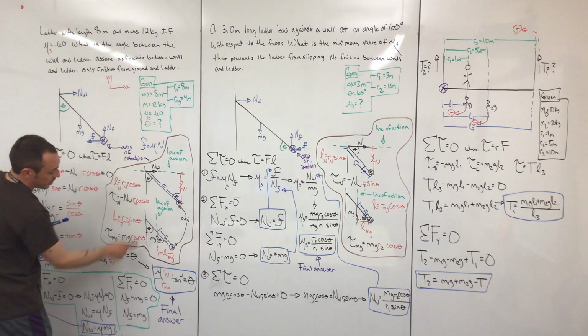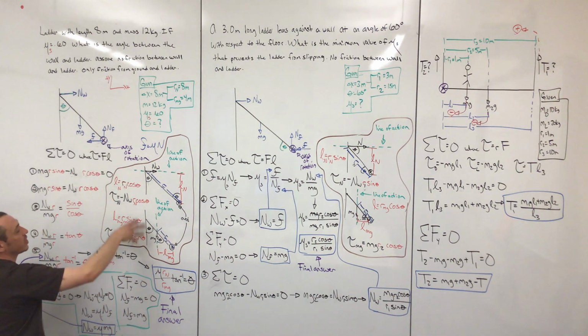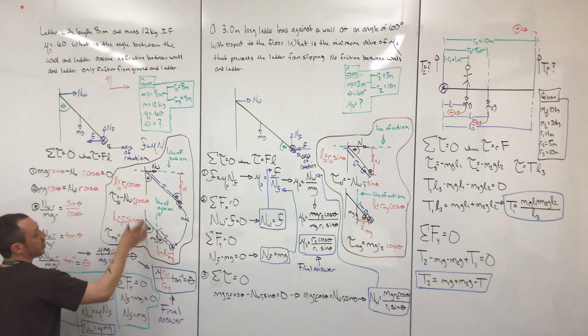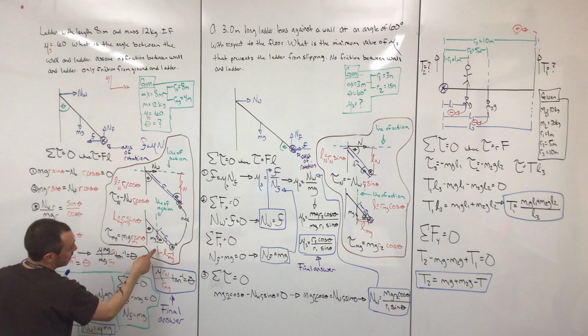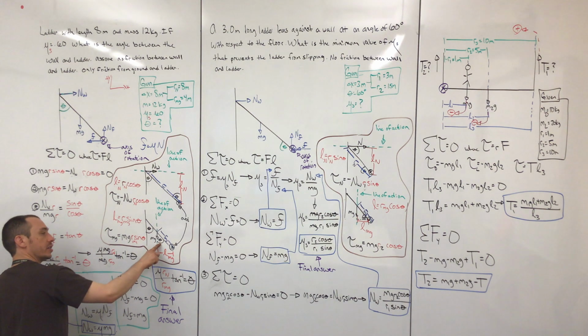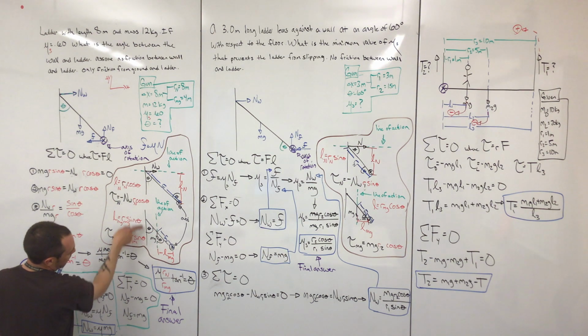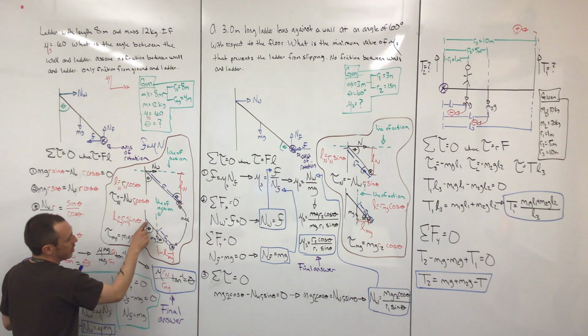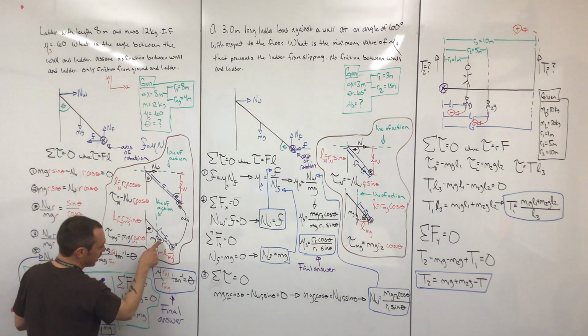Now for the next torque, for mg, we look at this force right here. So again, we draw our line of action here, and we know that this angle is going to be the same as this angle right here. The mg is parallel to the wall, so the angle that the ladder is making with the wall is going to be the same as the angle that it's making with mg.